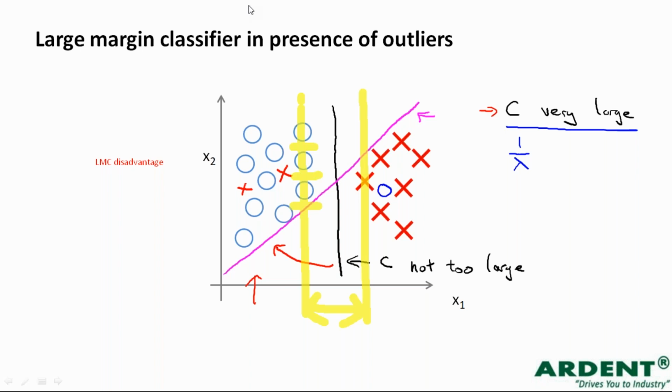What is that C parameter? The C parameter is called a penalty parameter, the penalty parameter of the error term.